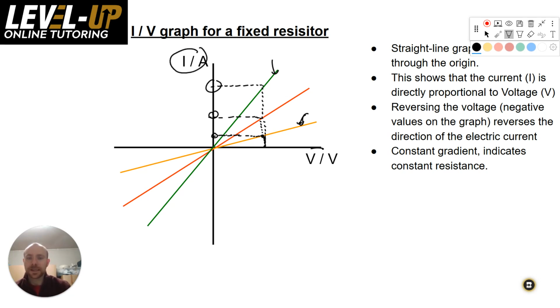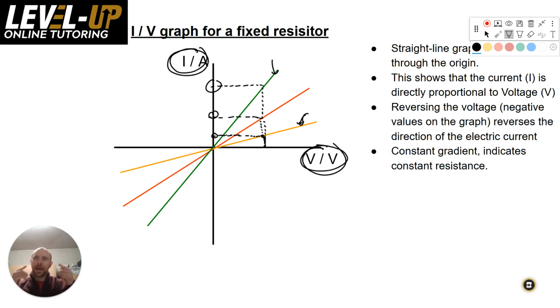Usually you would plot this as a VI graph with the voltage on the x-axis and the current on the y-axis. And that's going to tell you that as they get steeper, the resistance is lower. But don't just learn that off by heart. If you can at all get to the deep understanding of it, if they for some reason switch these around, you're going to have the opposite idea.